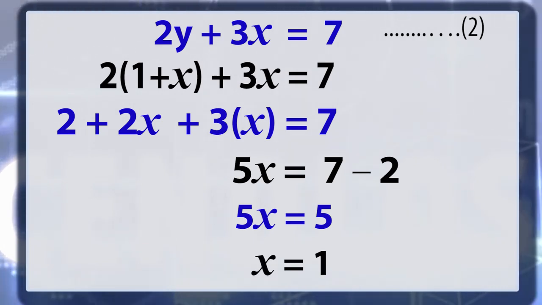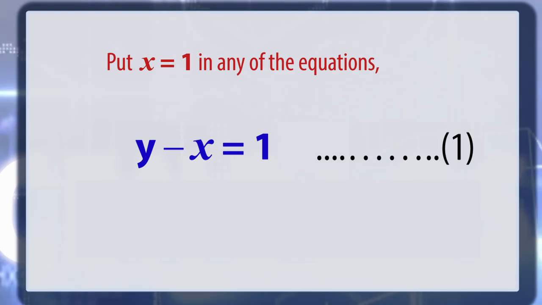Now to solve for the value of y, we have to put x equal to 1 in any of the two equations. But let's do that for equation 1. Remember, equation 1 is y minus x is equal to 1. So we are going to replace x with 1. What that means is that we have y minus 1 is equal to 1. Now watch this carefully.